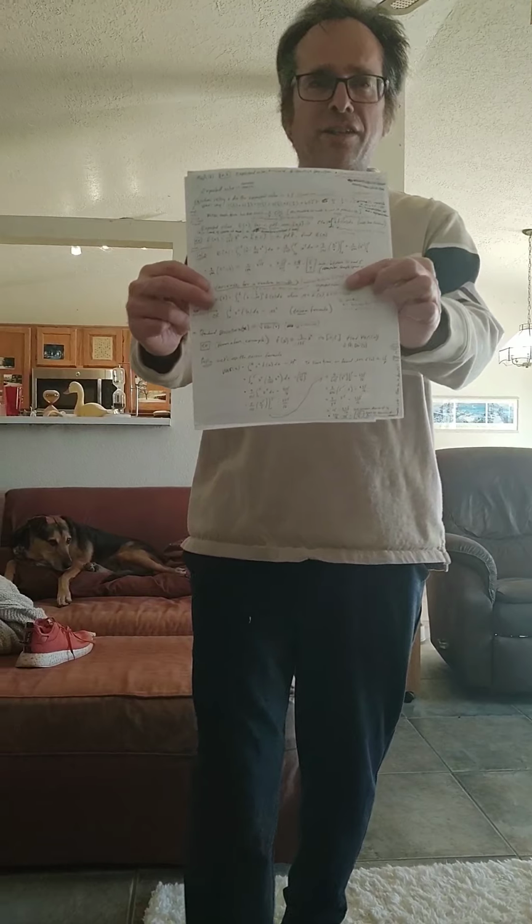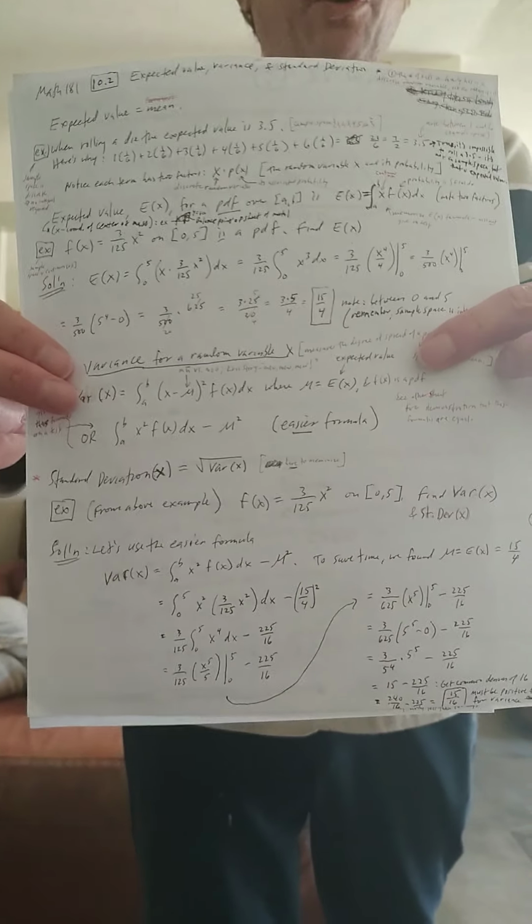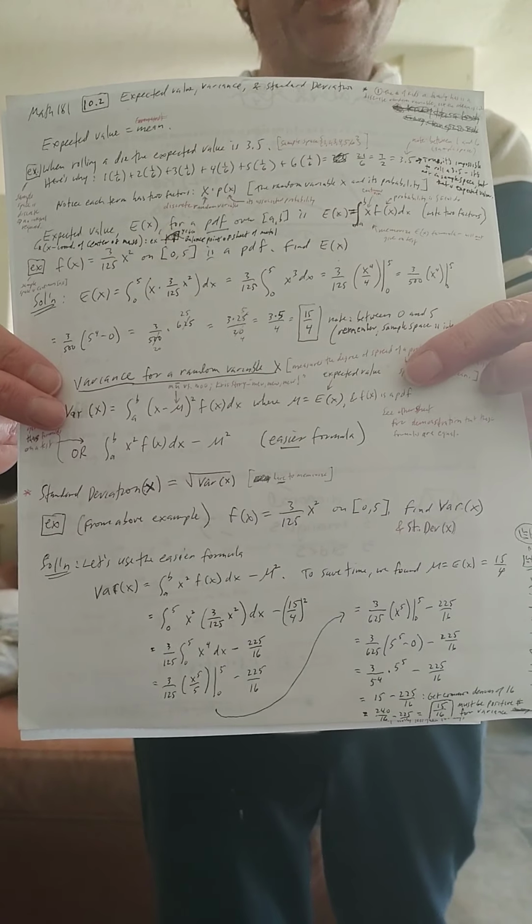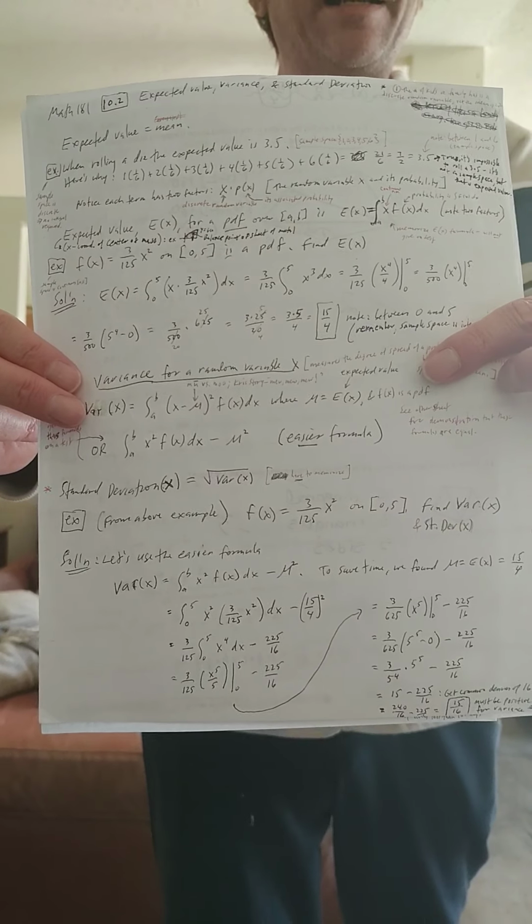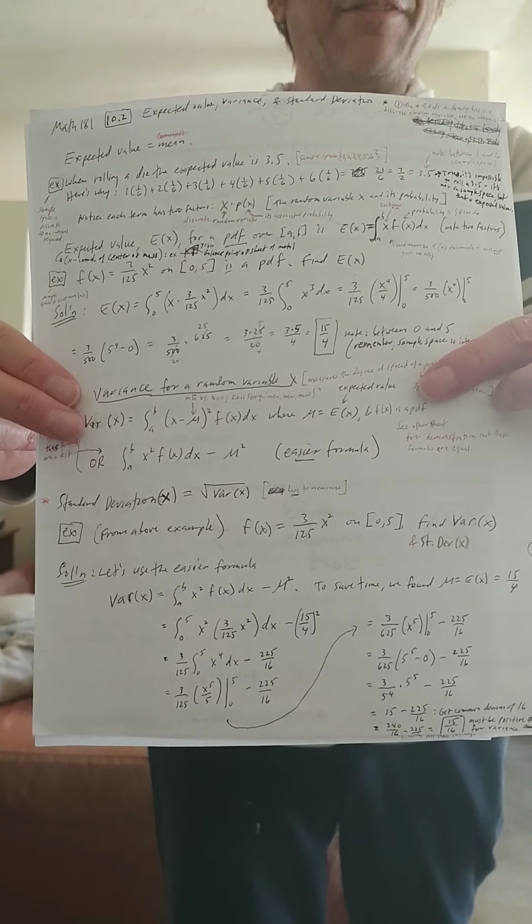I brought out the constant factor of 3 over 125, and then it's times the integral from 0 to 5 of x cubed dx, because x times x squared is x cubed. Then we do the integration and the evaluation, and I think you can follow that pretty clearly, and the answer, as you can see, is 15/4. Notice 15/4 is somewhere inside that interval of 0 to 5, as it should be.